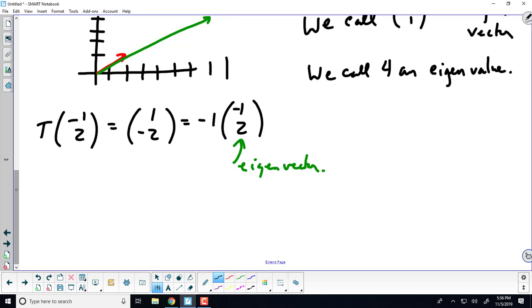So that's the eigenvector, and that makes negative 1 an eigenvalue. We're not really sure why these are useful yet, but it turns out they are of fundamental importance to us. And in a way, we've actually already been studying them. All right, so let's give them a definition.